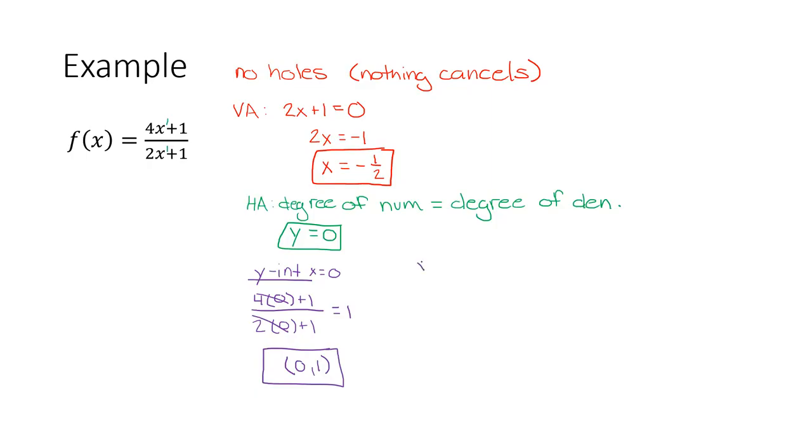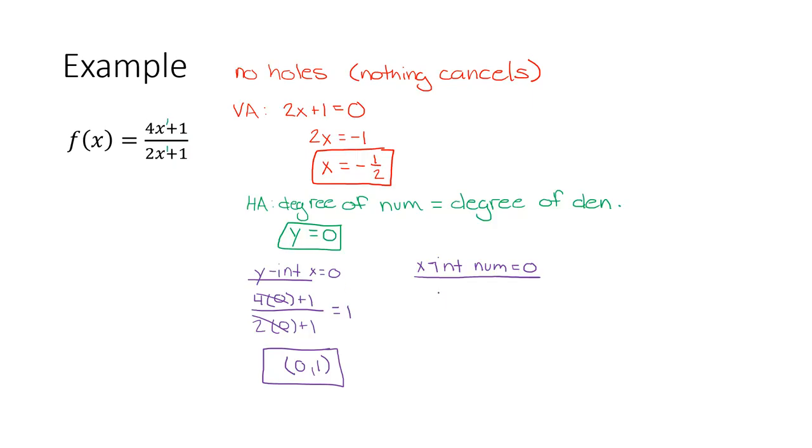To find the x-intercept, we can just set the numerator equal to 0. If we set the whole function equal to 0, that's fine, but our denominator is going to end up canceling out when we multiply it over. So we can save ourselves some time to find x-intercepts in rational functions by just setting the numerator equal to 0.